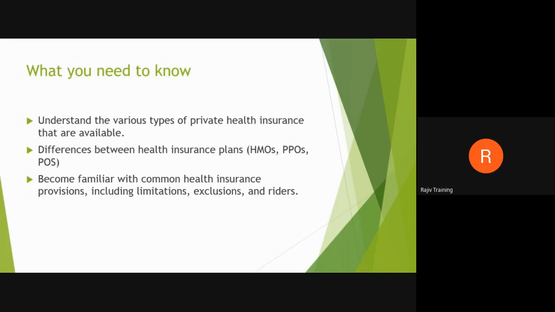And then what do we need to know? We need to understand the various types of private health insurance that are available. We need to understand the difference between health insurance plans, like what are HMOs, what are PPOs. Then we'll become familiar with common health insurance provisions, which include limitations, exclusions, and riders.